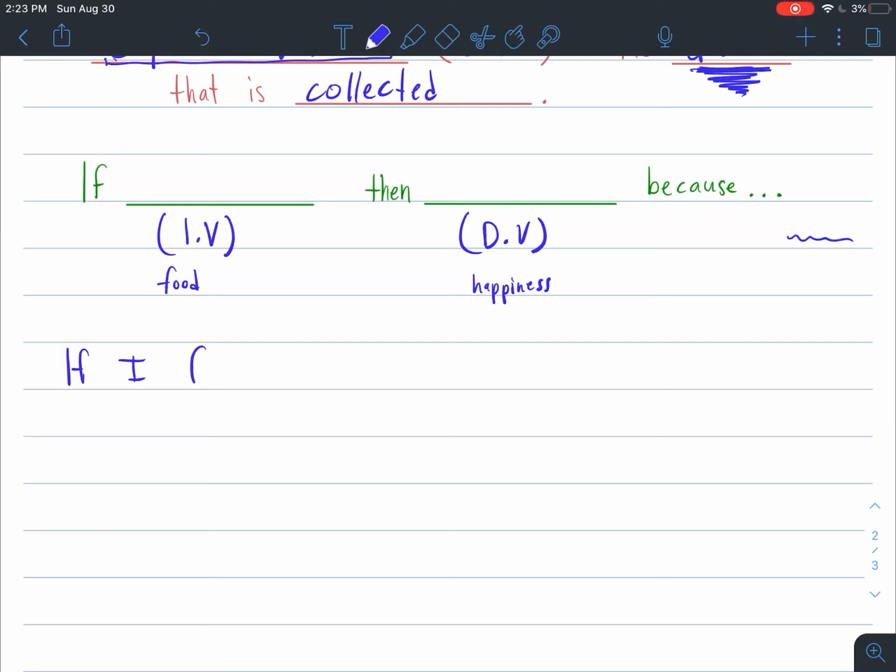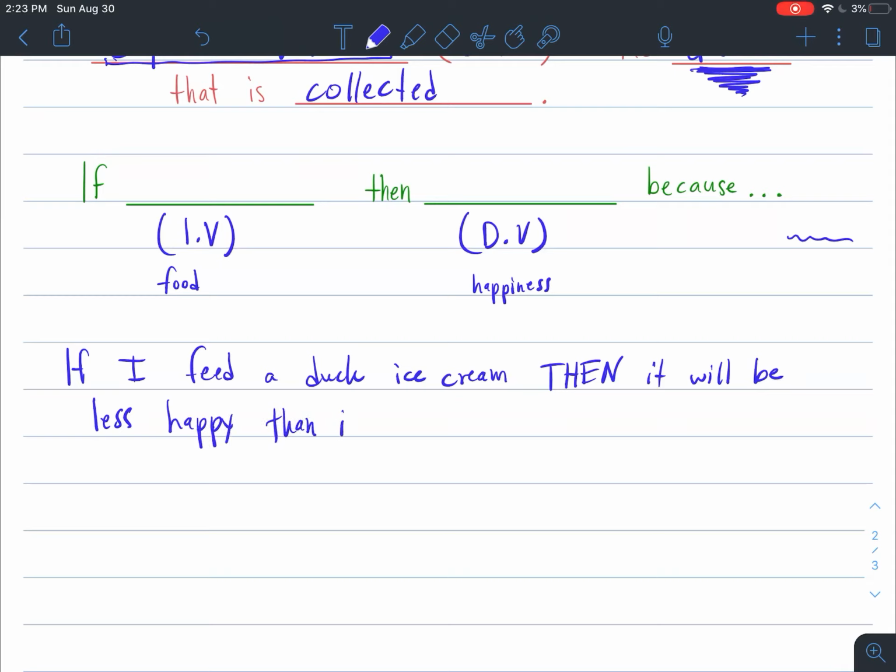I could say something like, if I feed a duck ice cream, then it will be less happy than if it eats duck food, whatever that is.